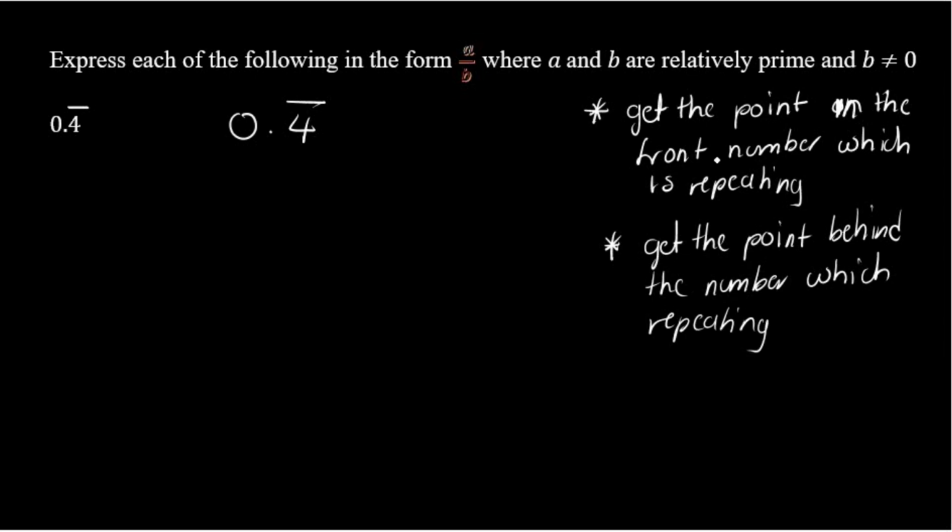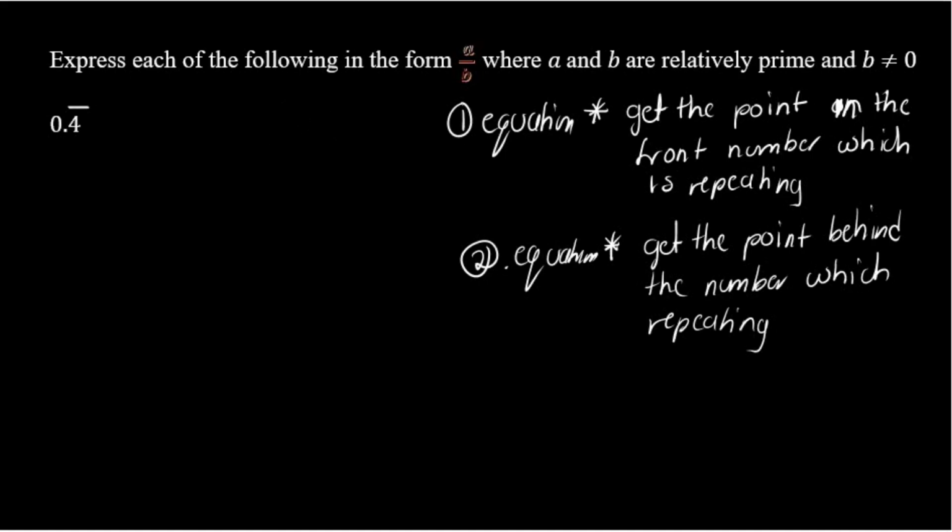So the first equation, in short, you get the point in front of the number which is repeating. Then the second equation, in short, you get the point behind the number that is repeating.